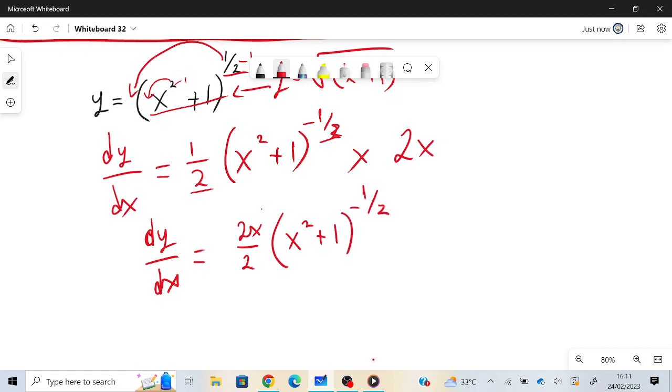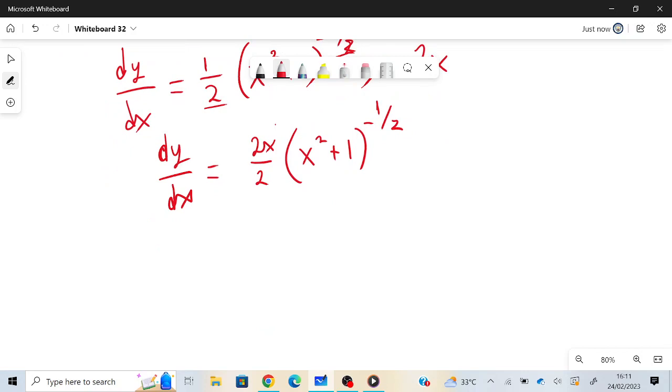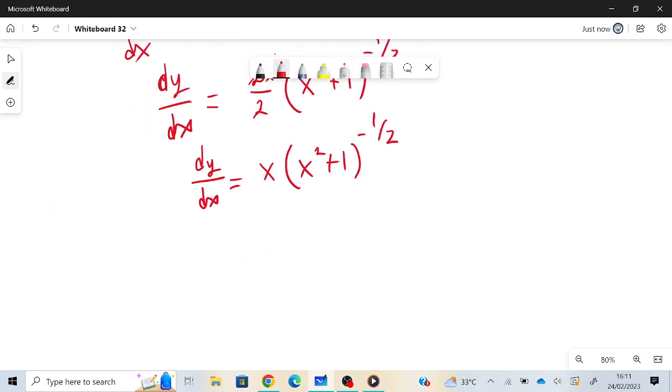Now the question said, if you recall, that we need to do it in our simplest form possible. So dy/dx is equal to, this cancels this, we have x into x squared plus 1 to the power of minus 1 over 2. We know this is the same as saying that our dy/dx is equal to x all over x squared plus 1 to the power of 1 over 2.